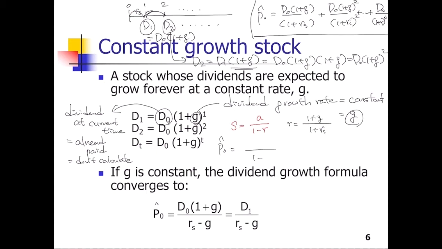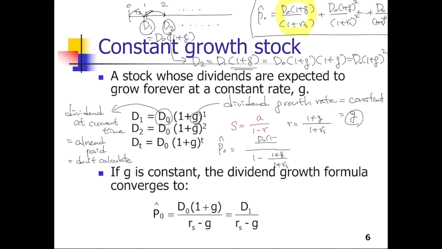This term multiplies each term, right? So we can write down (1 plus g) over (1 plus Rs). And what is a? a is the first term, so here, right?